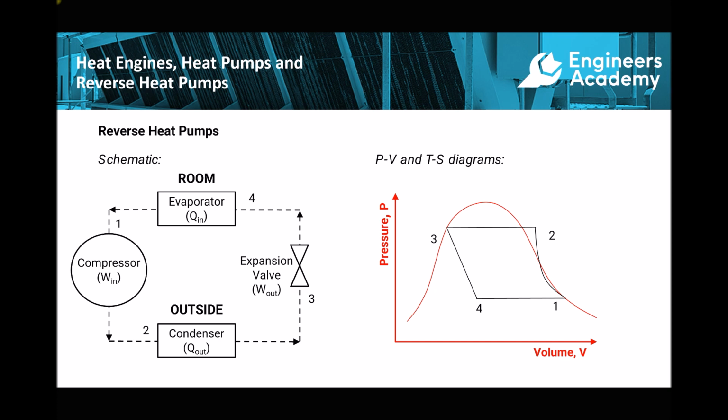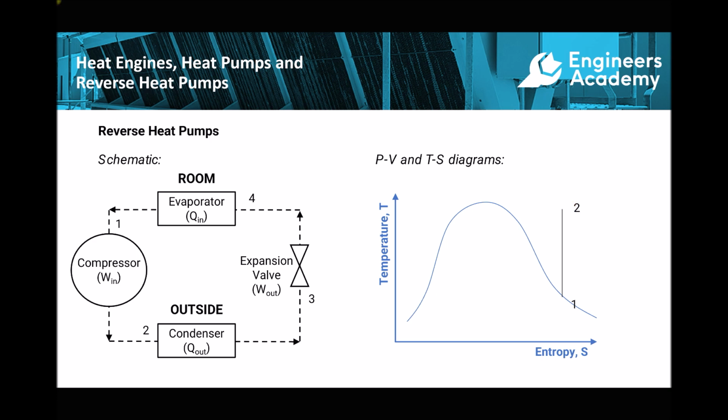So now let's relate this to the temperature entropy diagram. 1 to 2 is compression. We've already mentioned that it's isentropic compression, so entropy remains constant, temperature increases, and we're going from dry saturated vapour to superheated vapour. So now our very hot refrigerant is going to move to the outside heat exchanger.